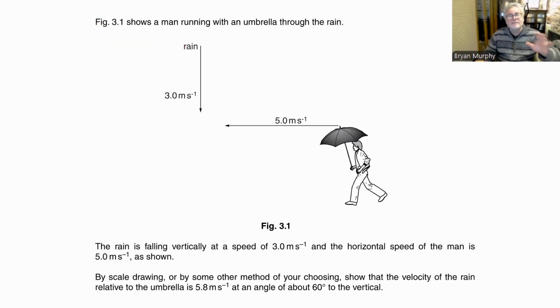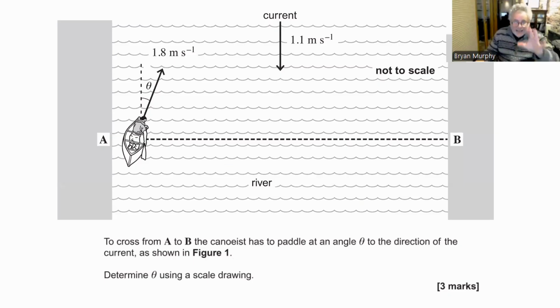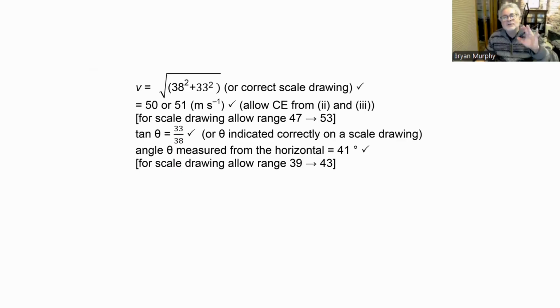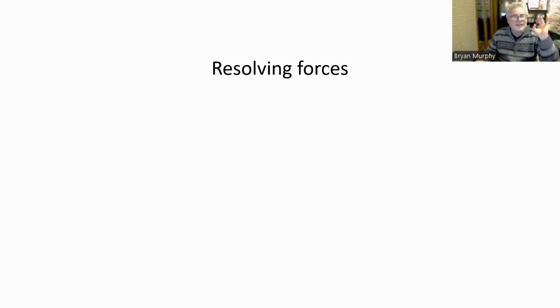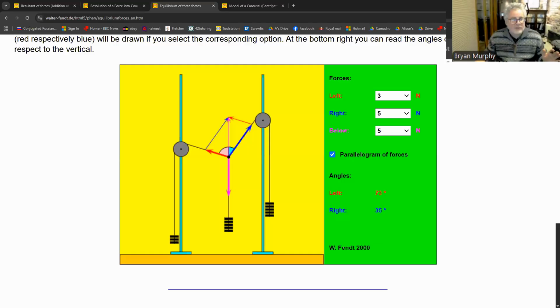You can do it by scale drawing if you like. All these are adding vectors by scale drawing, and I don't particularly want to go through all of them because I want to finish off with resolving forces. Adding vectors is when you take two or more vectors and draw one after the other to find the resultant.